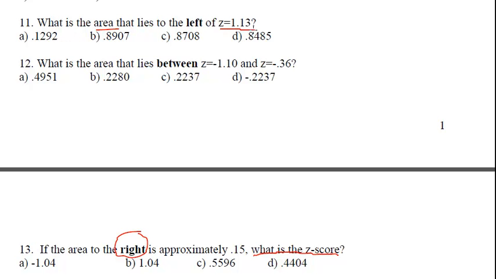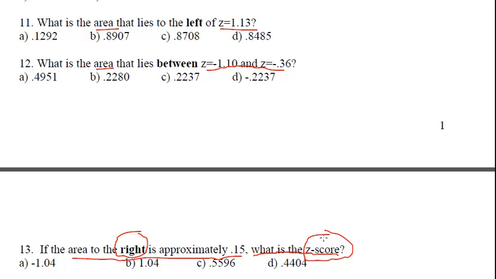Here we were asked for the area given, in this case, 2 z-scores. Down here, the difference between this type of problem and the ones above is now we're given the area and we're asked for the z-score. And so we're going to use a different function on the calculator, and we're going to use the table differently.